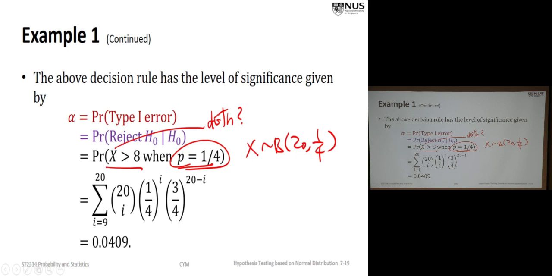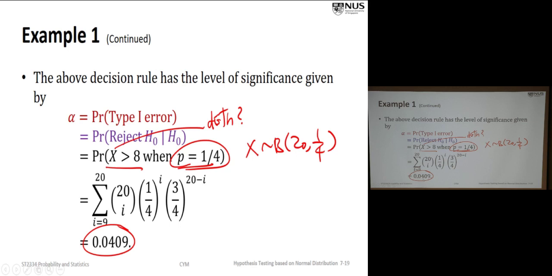Each has a product of this, and one involves combinatorics. It's very tedious. So we will not be asked to compute such tedious computation. The statistics table should be specially designed to give you the answer. You can read it out from the statistics table, with n equal to 20.